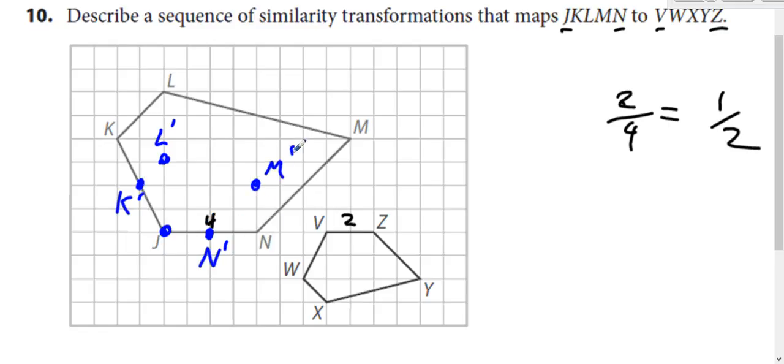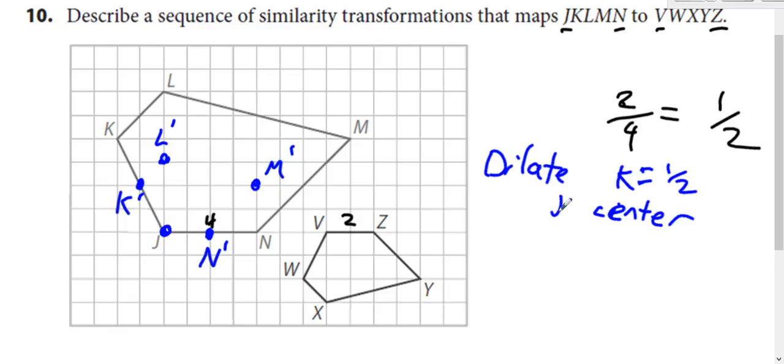So you could pick any of these points you want to be your center of dilation. So you dilate by 1/2 and J is the center. That's what we just did. Then the translation.